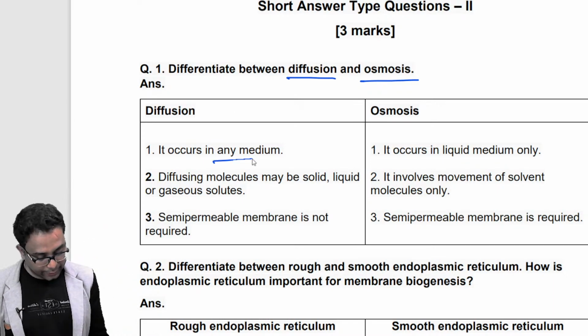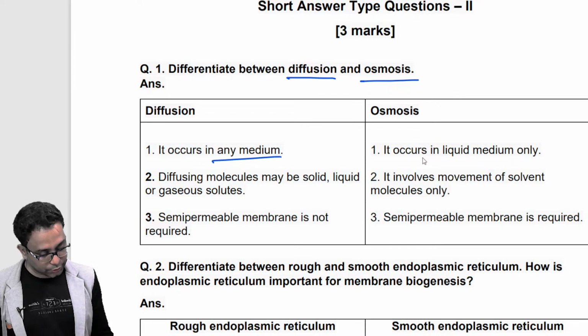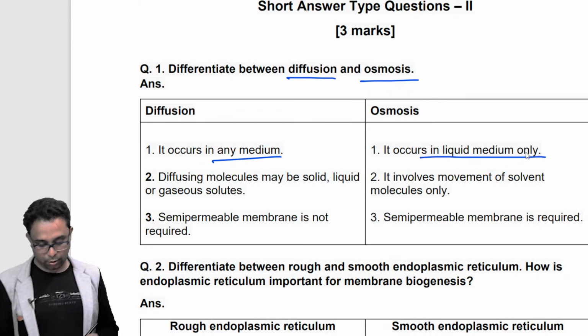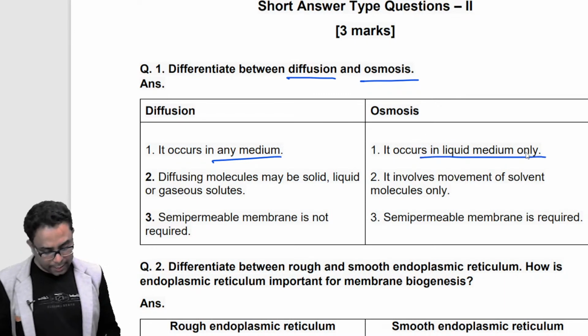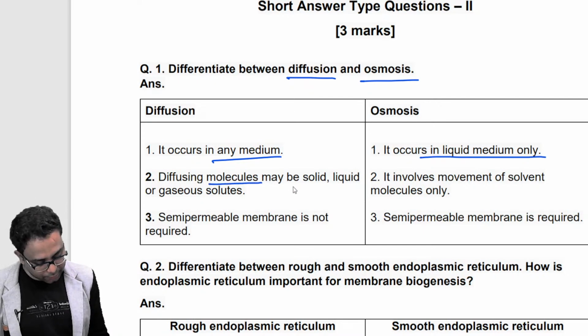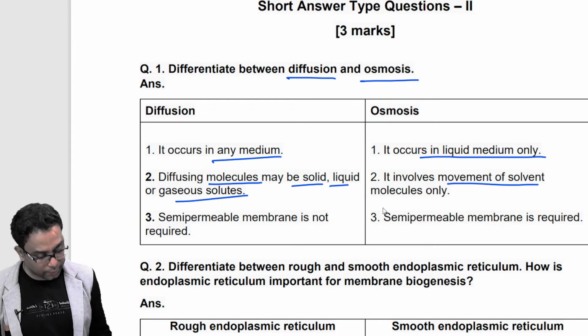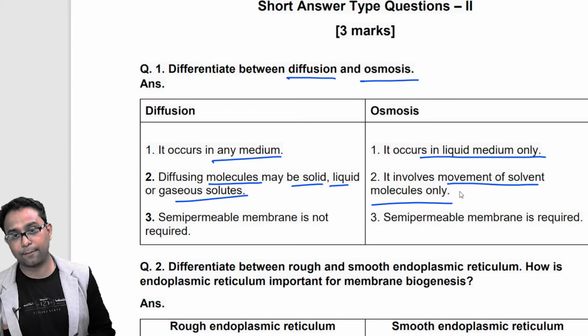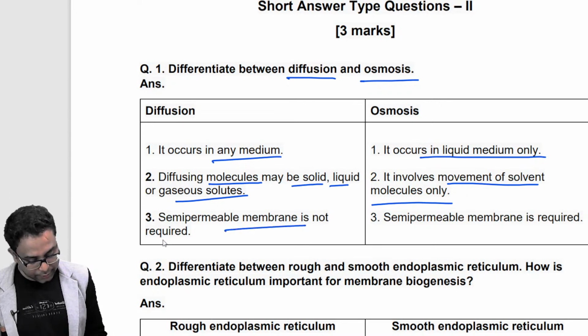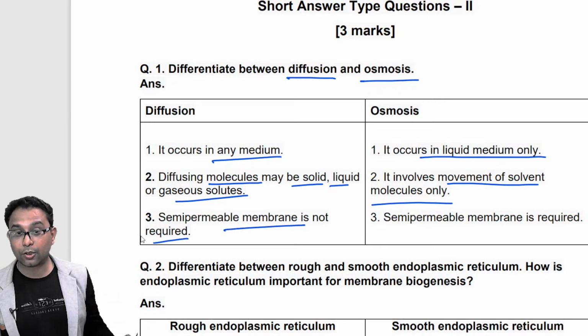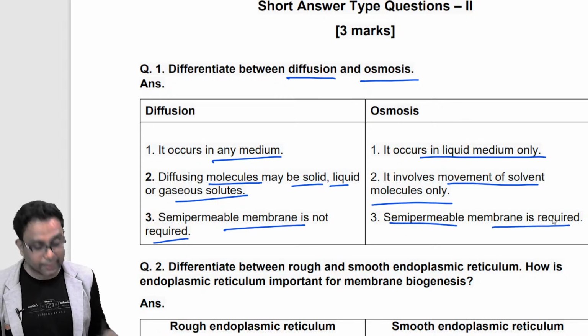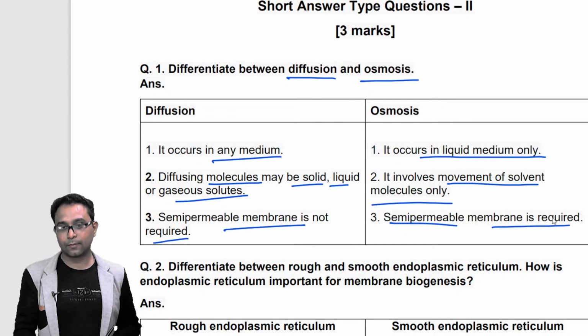Diffusion occurs in any medium, but osmosis occurs in a liquid medium only. In diffusion, the diffusing molecules may be solid, liquid or gaseous solutes. But osmosis involves the movement of solvent molecules only. In diffusion a semi-permeable membrane is not required, but in osmosis a semi-permeable membrane is required. Next question.